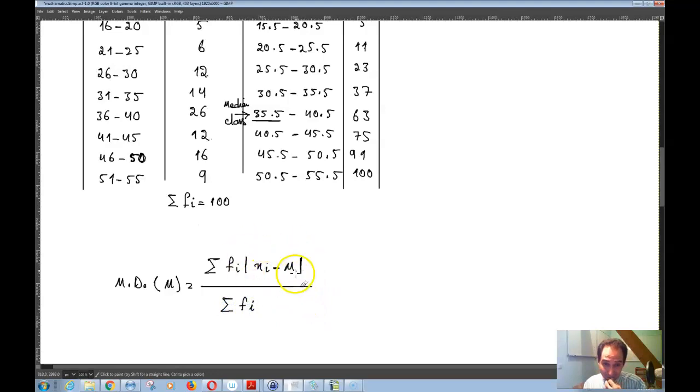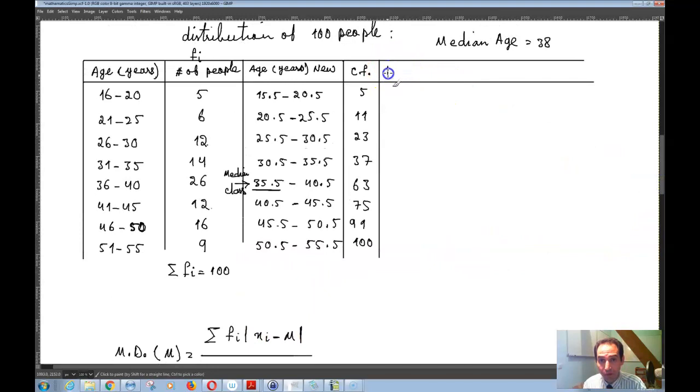So if I calculate the absolute value of x of i minus M, now I need to calculate my x of i first. I don't have my x of i's. So I want to calculate my x of i first.